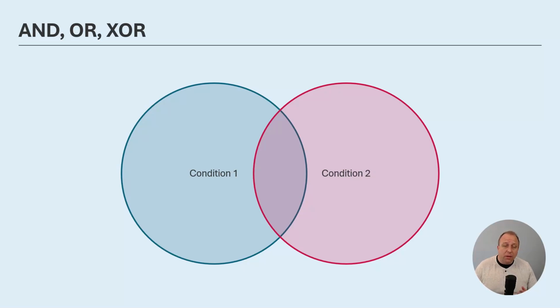Is it important that both of them are true? Is it important that one or the other is true? And so, for example, when we decide that we want to look for whether somebody is in the HR department and whether or not they make over $100,000, there are a few different combinations that could work here.